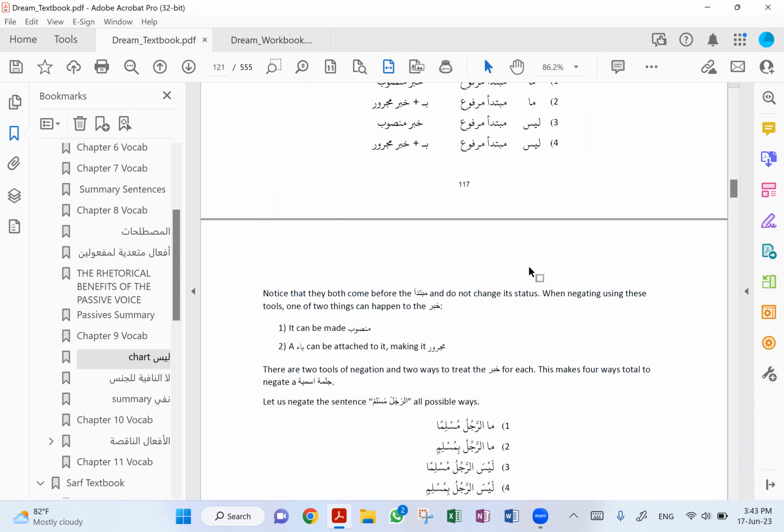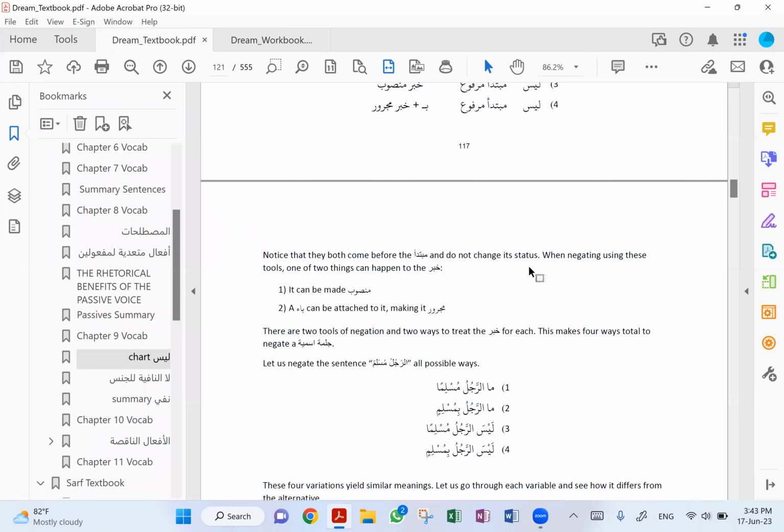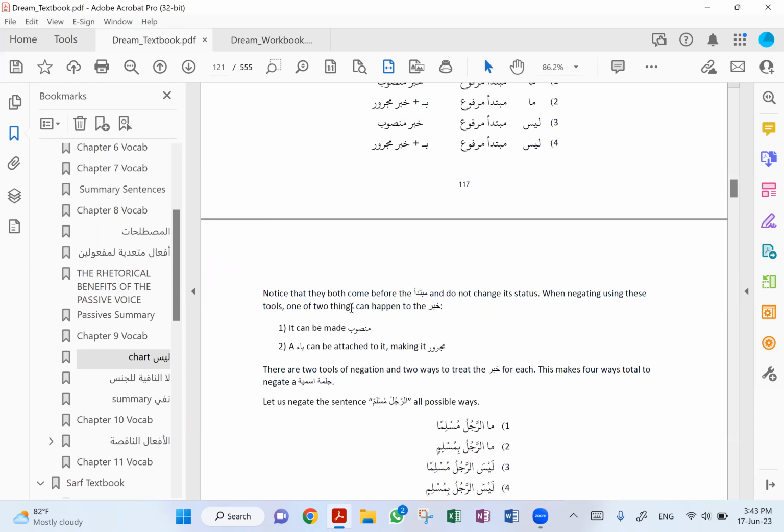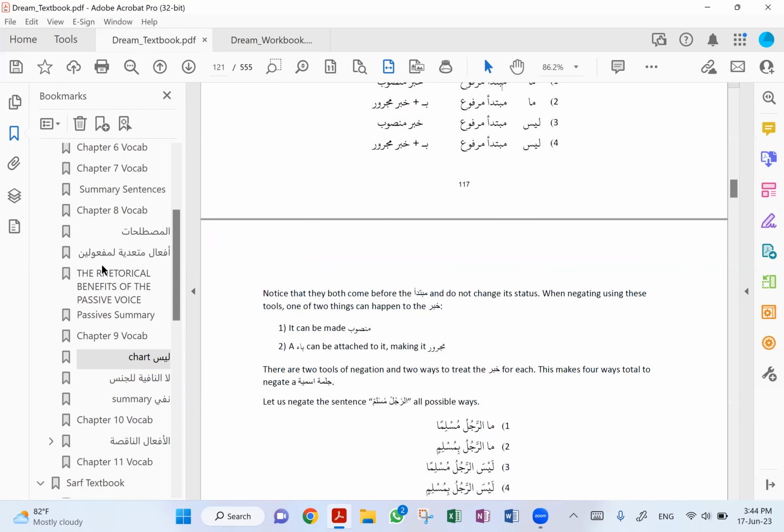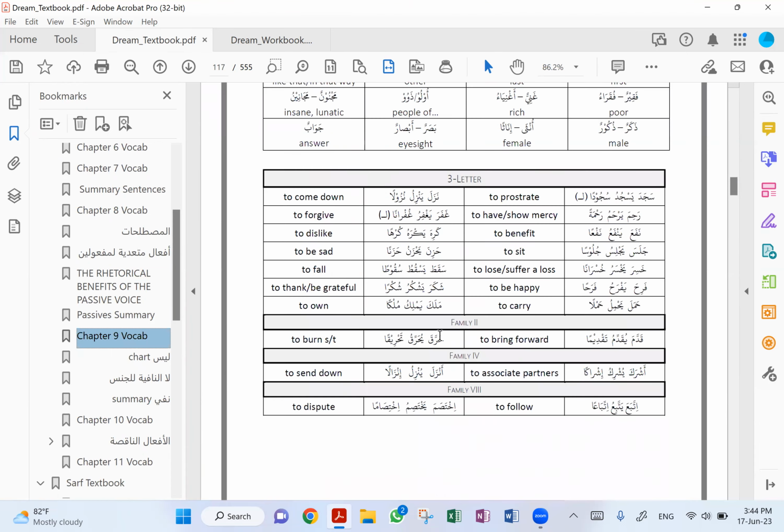I don't think you can use la. So for example, if I say هذا قلم, that would be a Jumla Ismiyyah. So I cannot say لا هذا قلم. I can say ما هذا قلم, or I can say ليس هذا قلم. So you can use ma, I don't think you can use la, sorry.